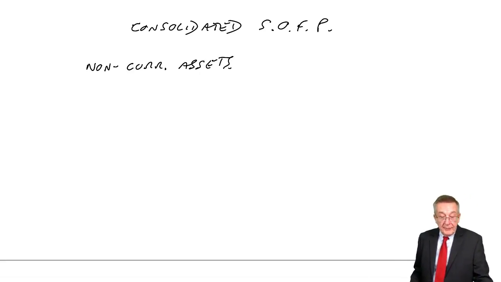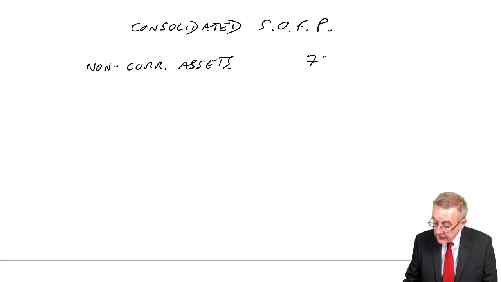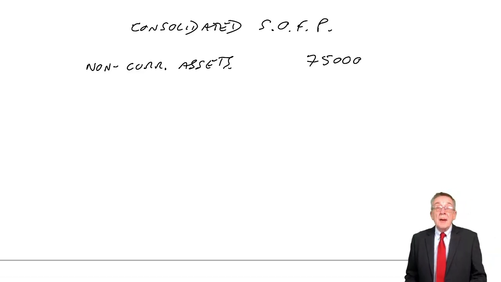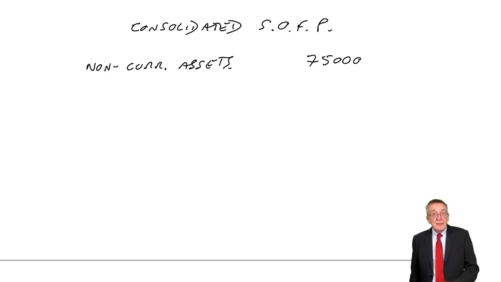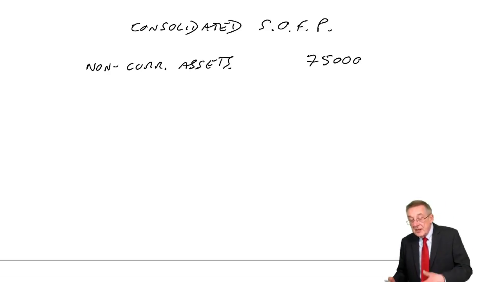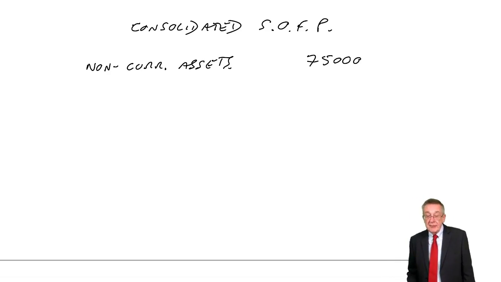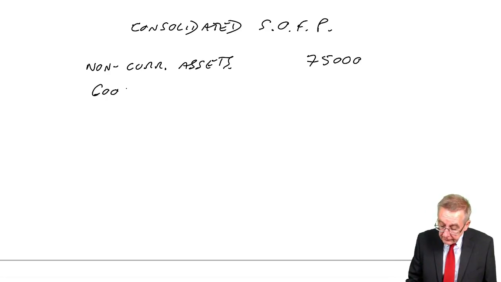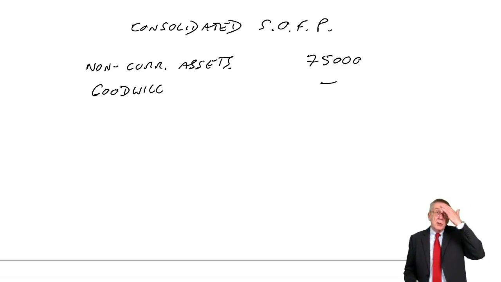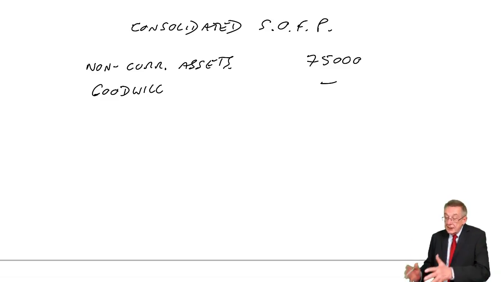Always just add together 50, 25, 75,000. Remember, the only time we'd adjust that, if there was an adjustment for fair value, we'd add it on to 75,000. Goodwill, arising on consolidation. If you look back here, it was 0, but you know how to calculate it, you know where it goes.